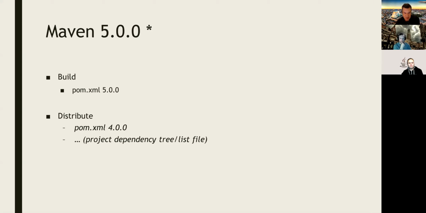So once they can understand this new concept of new files, so there is this discussion about the project dependency tree. That would be an optimized file for other tools as well.